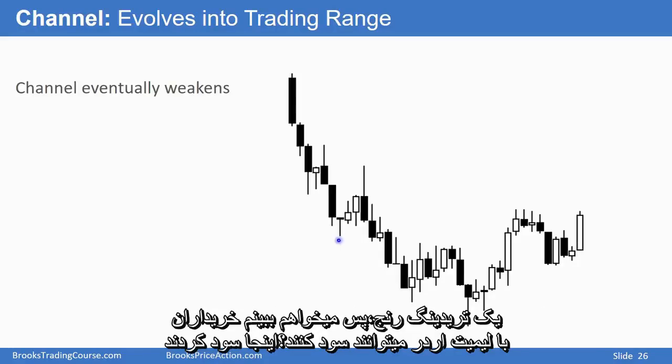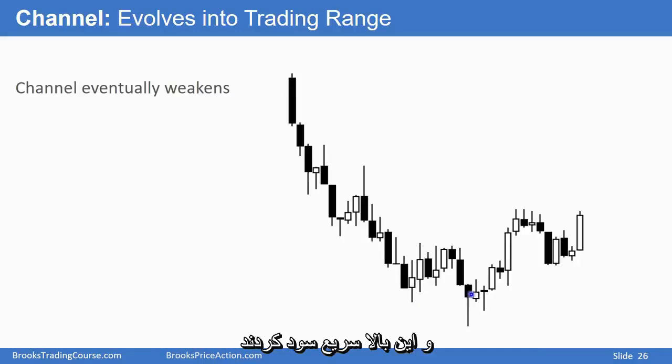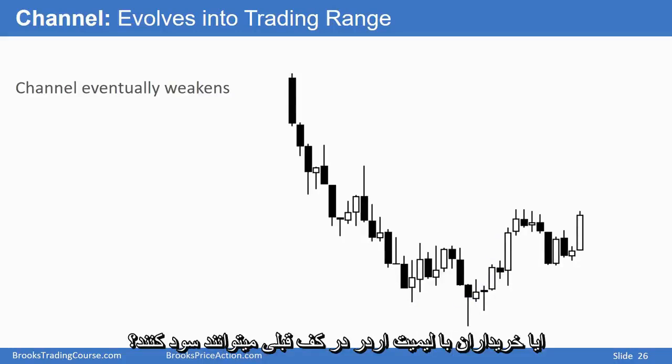So I want to see, can the limit order bulls make money? They made money here. They did not make money here unless they held and added on here or here. And they did make money pretty quickly here. Can limit order bulls buying with limit orders at the prior low make money?